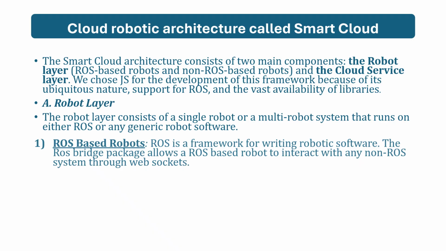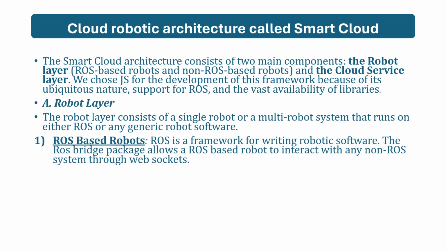Clear? Next is ROS based robots. So number one is ROS based robots and the other one is non ROS based robots. The ROS based robots are used for writing robotic software, and we have seen in the diagram that there is a ROS bridge which is between the ROS based robots and the cloud platform, and it allows the ROS based robots to interact with the non-ROS based system which is on the right.